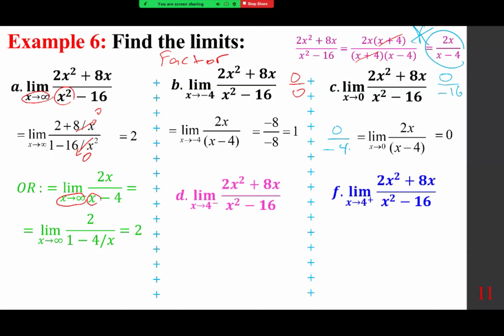However, when you have x approaching 4, if you just look at number 4, you want to look at the factored form. If you plug in 4, you don't get 0 over 0.